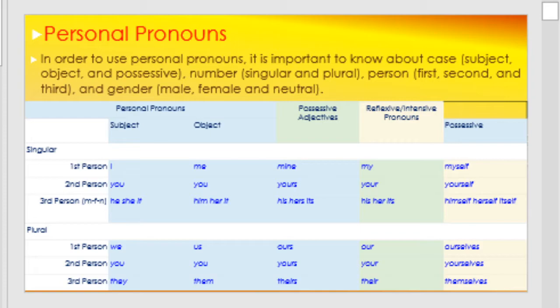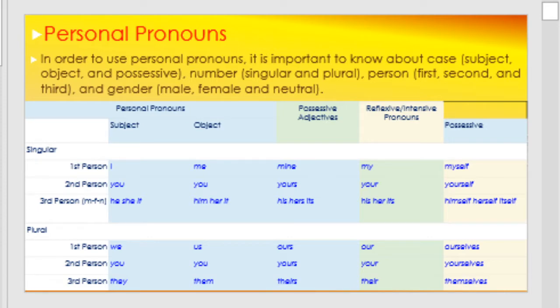If we say first person, it's referring to us: I, me, mine, my, myself, we, us, ours, ourselves, meaning the speaker is included in the group. But if we say second person, the speaker is no longer part of the group: you, yours, yourself, referring to one.